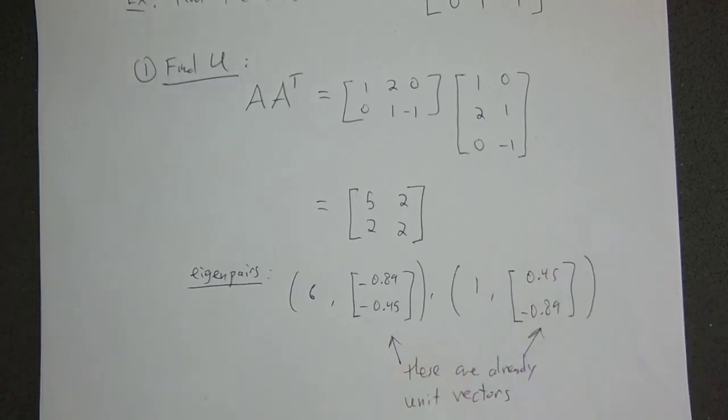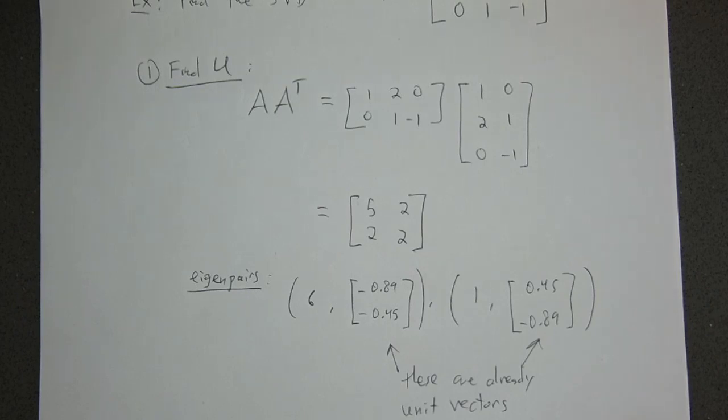When you are finding eigenvalues and eigenvectors, you're not guaranteed that your eigenvectors are always going to be unit, but you can make them unit, because if you have an eigenvector for some associated eigenvalue, it's still an eigenvector for the same eigenvalue if you scale it by some scalar. So do the typical thing: scale it by its length, and you're good to go. So you are fine here with these two.